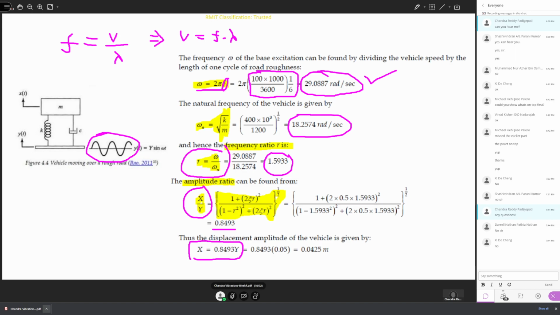Y is given as 0.05, so the amplitude of the displacement of the vehicle is 0.0425 meters.